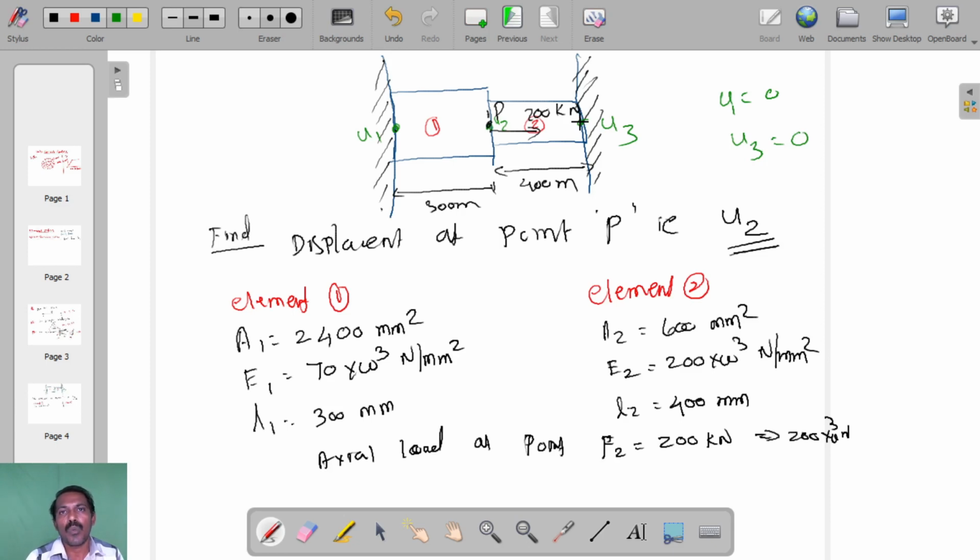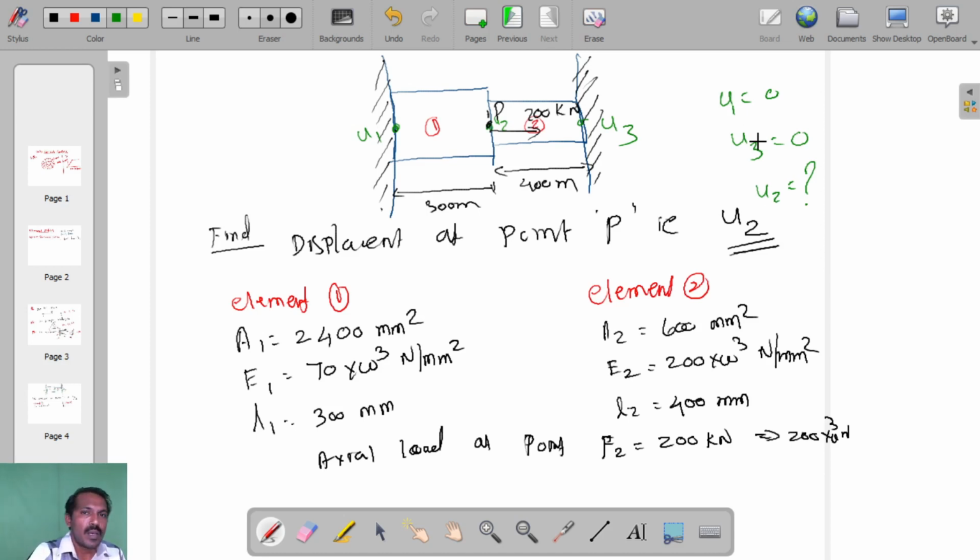There is no movement and no displacement. So u1 is 0, u3 is 0, and u2 is an unknown value because it is not fixed. It has some value.